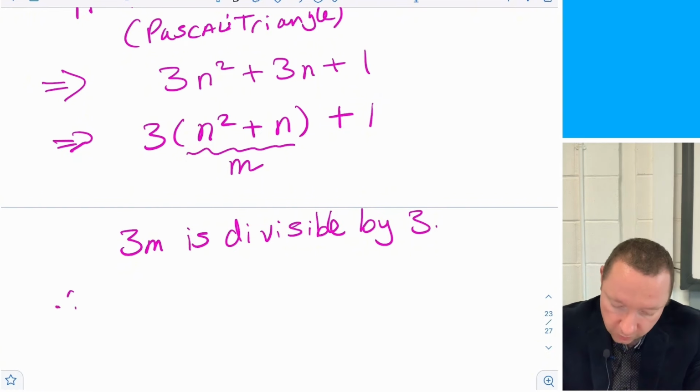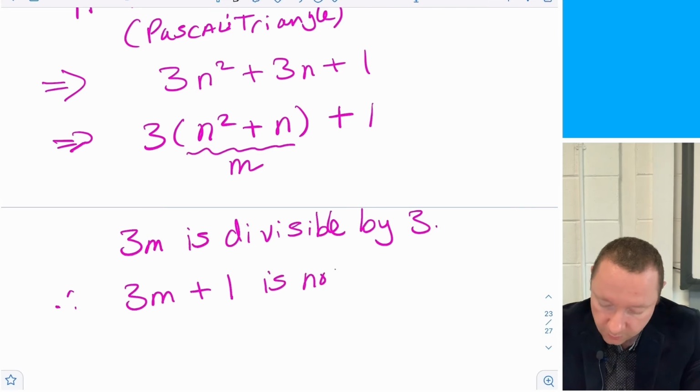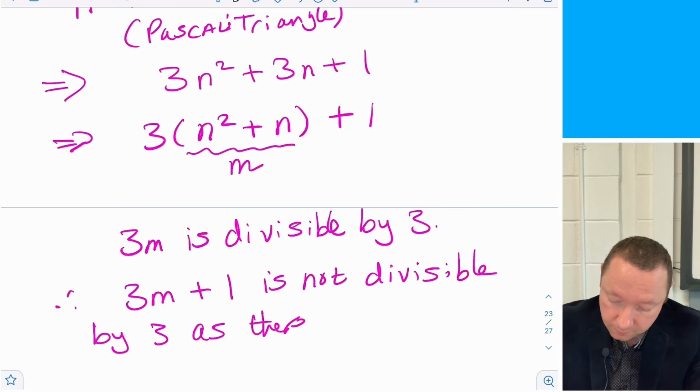That's 3 times m, so 3m is divisible by 3. And therefore, obviously, 3m plus 1 is not divisible by 3, as there is a remainder of 1. Always a remainder of 1.